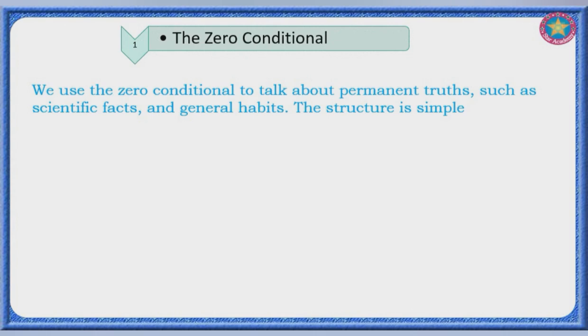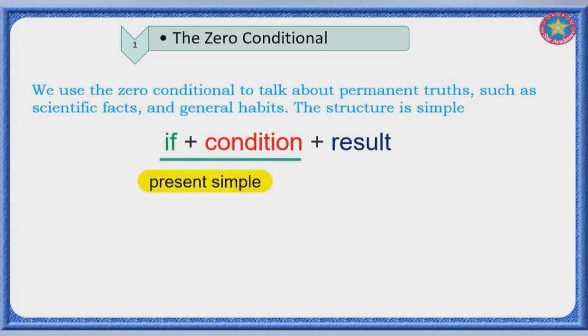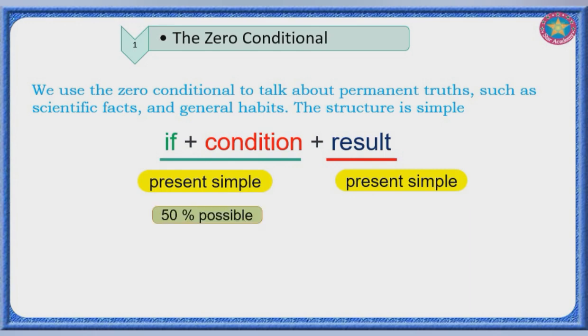The structure of the zero conditional is if plus condition plus result, or you can use the second way of making conditional sentences. Now, this first part will be in present simple, while the second part, which is result, will be also in present simple. In these cases, the first part is 50% possible, while the second part is 100% possible.